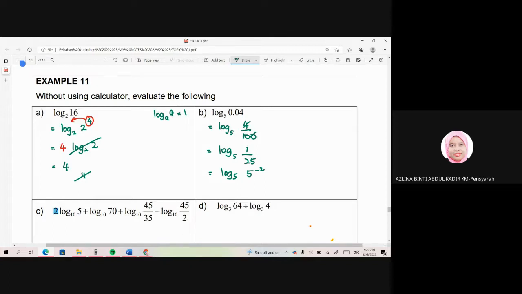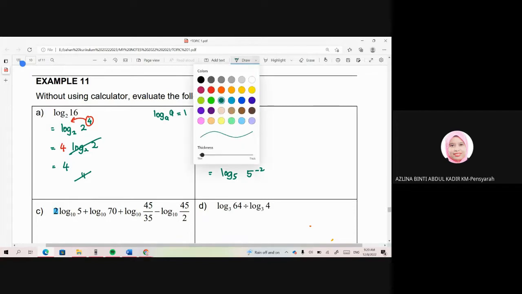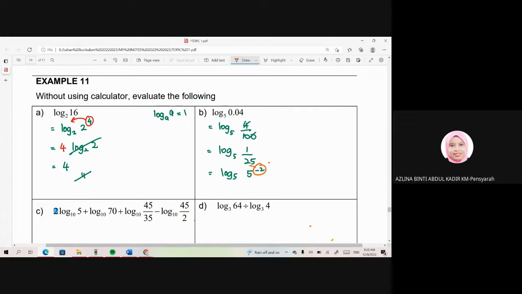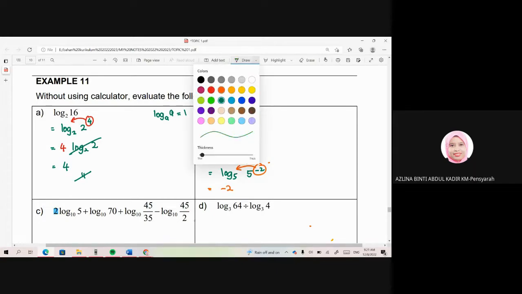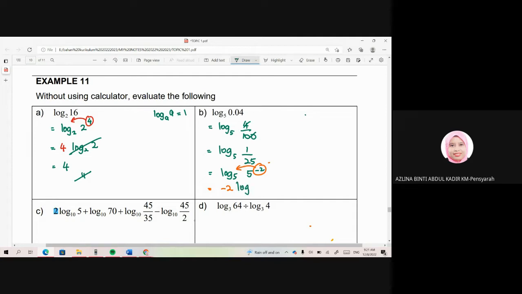Then you apply the power rule, bring the power negative 2 in front. So we get negative 2 log 5 base 5. So the answer is negative 2.